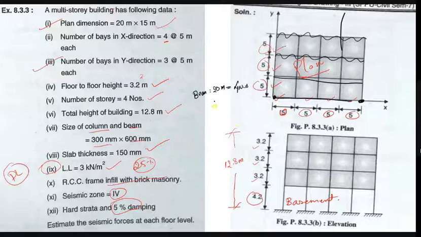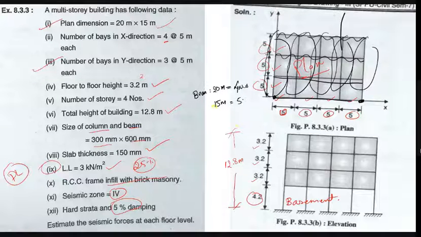And I will take the beam equals 15 meter. 15 meter means 1, 2, 3, 4, and 5. Five beams are there. So in case 1 we have taken the beam equals 5 meter, and the total number of beams was 31.